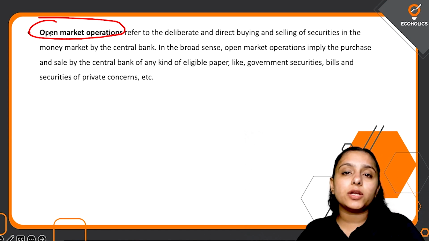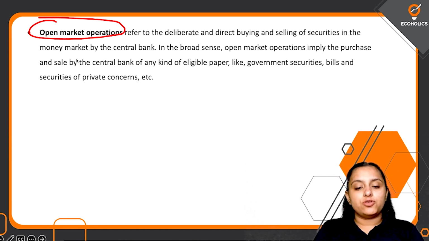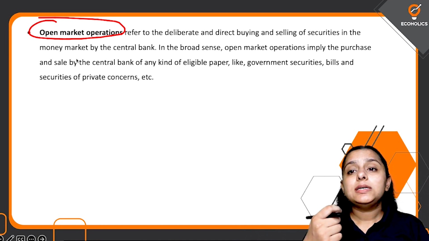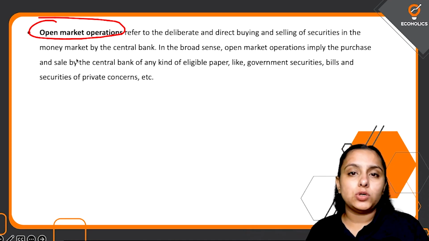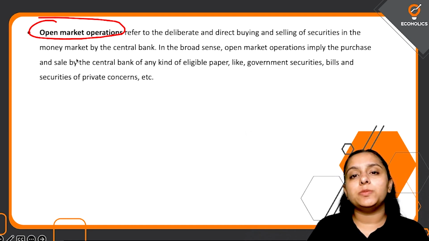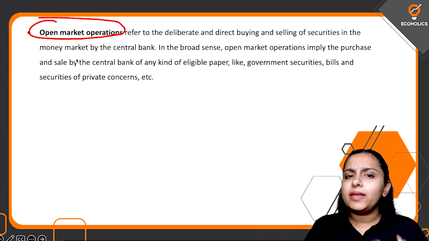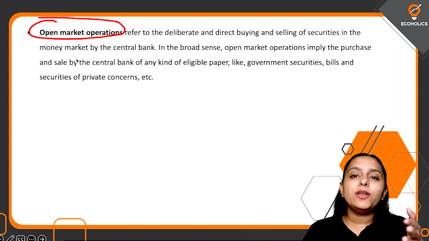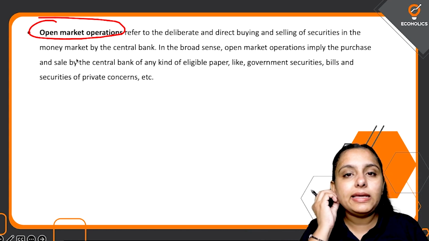So what is open market operations? Whenever the central bank, that is RBI, is involved in selling bonds or buying bonds. There are a lot of government bonds and government securities which many times the RBI either buys or sells to influence the credit availability in the market.